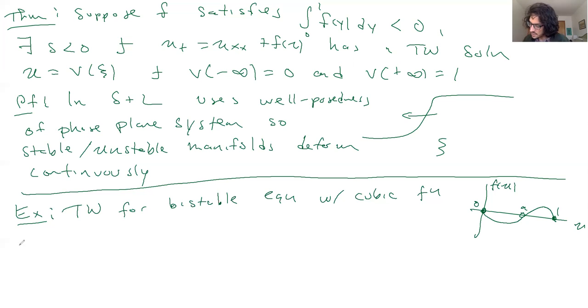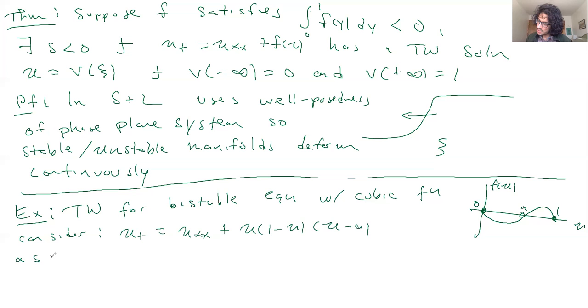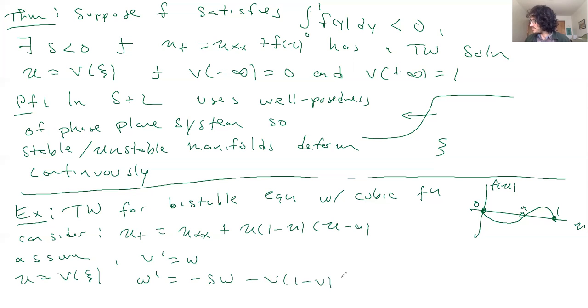And so in this case, if we consider u sub t equals u_xx plus now this cubic, then assuming u equals v of xi, v prime is equal to w, w prime is equal to minus sw minus v(1 minus v)(v minus a), okay?